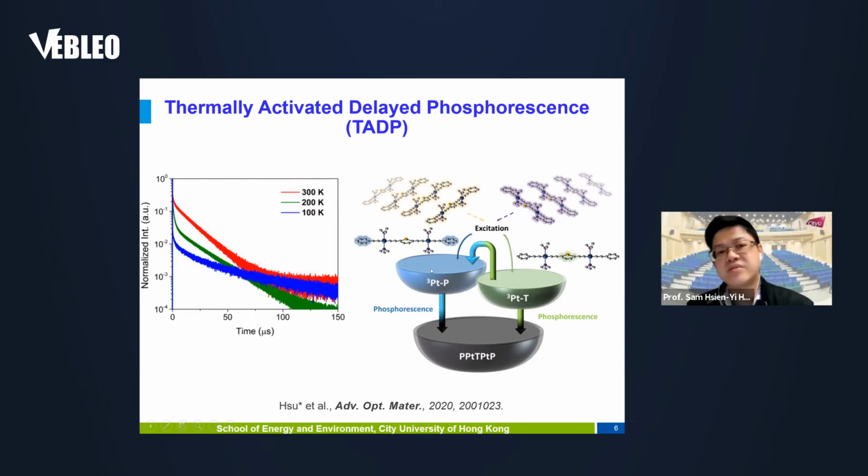So after absorbing the sunlight, the electron is excited from the ground state to the singlet excited state, followed by intersystem crossing. We get the triplet exciton on the phenothiazine part.